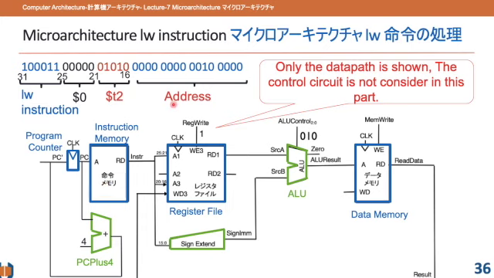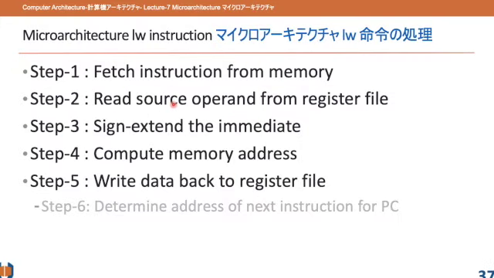We will follow some basic steps, and this is the summary. We have 5 major steps, and there is an optional step, not related to this, just to fetch the next instruction. So we have 6 basic steps, or perhaps I can say 5 basic steps. In the first part, we will fetch the instruction from the memory.